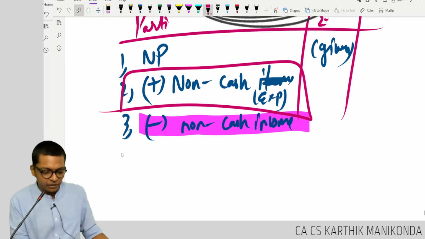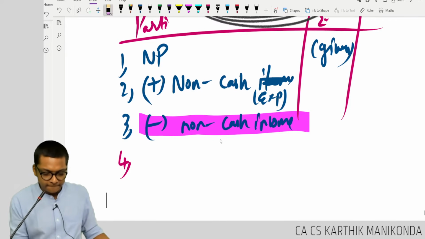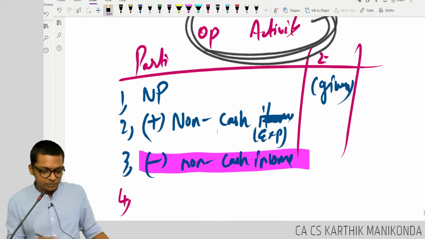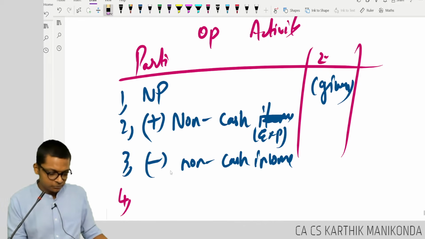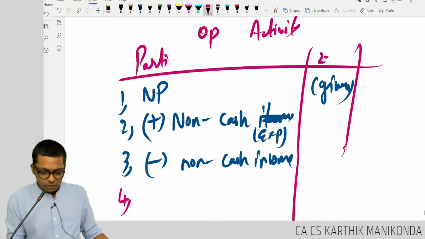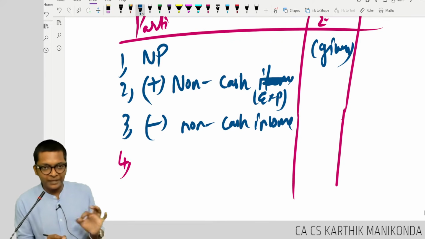So, next item, adjustment. This is the main template. Okay. So the next, fourth item will be, follow very carefully.